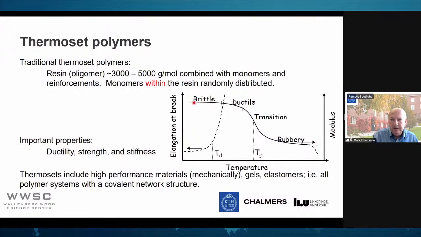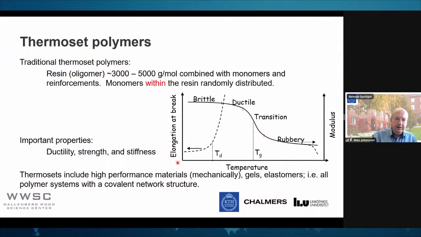You go from a stiff material to more soft at the glass transition, and you have a rubbery state. The level of this rubbery state is very much dependent on the crosslink density. And of course, depending on the application, you want the correct temperature range for the transitions, and in high performance polymers, a rather stiff material.